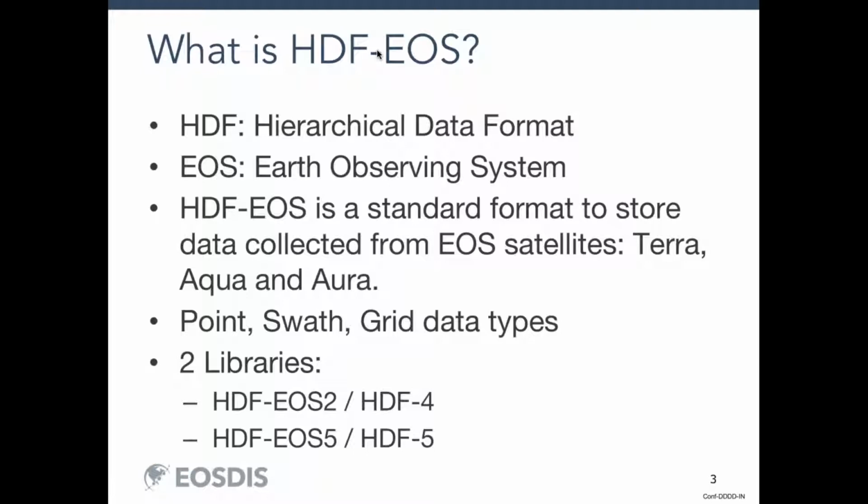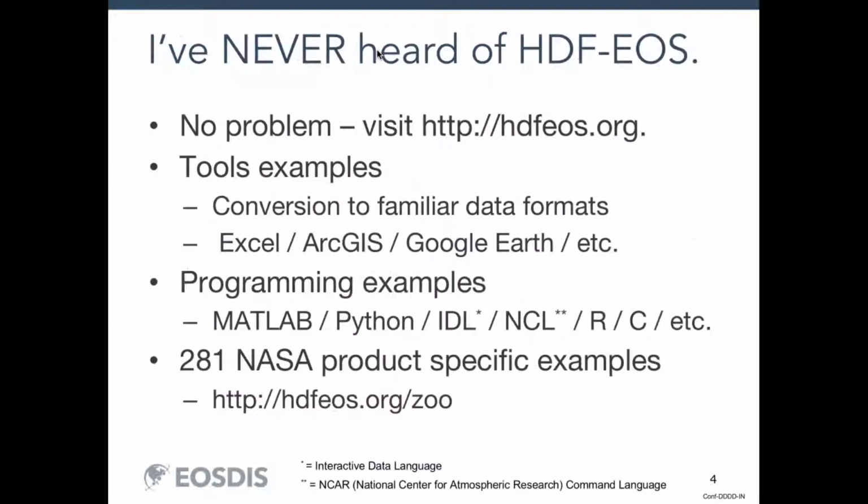EOS means Earth Observing System, and NASA picked HDF in 1998 as the standard format to store data collected from EOS satellites. Terra, Aqua, and Aura are all in HDF-EOS. It's been working really well. For the last 20 years, there was no issue.